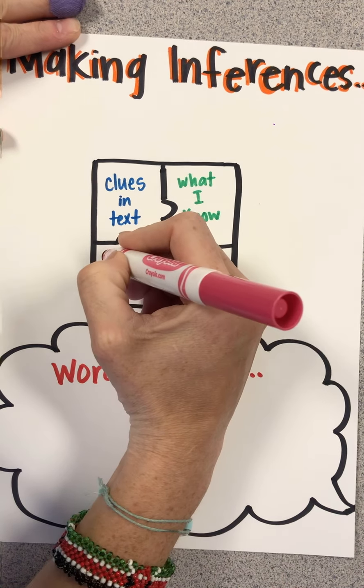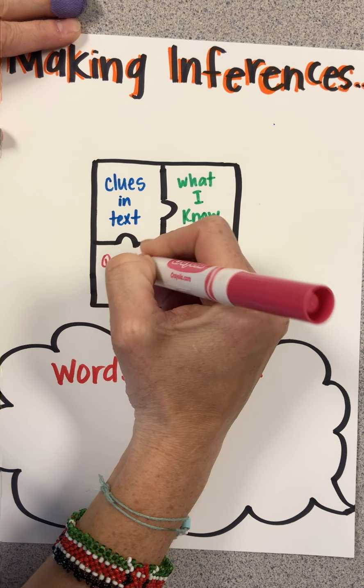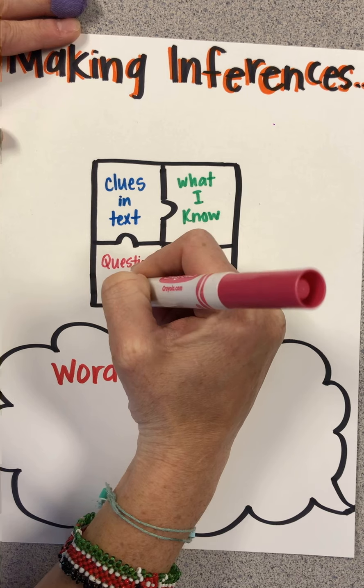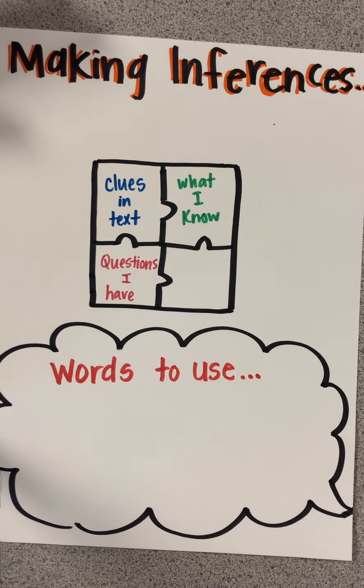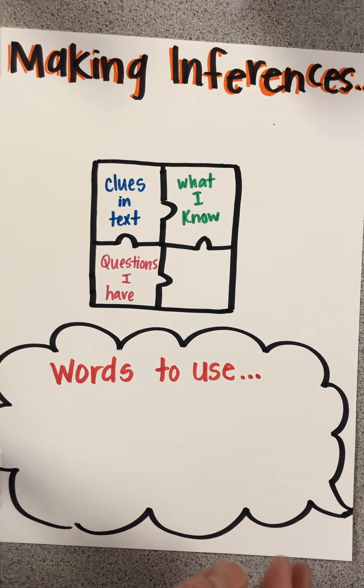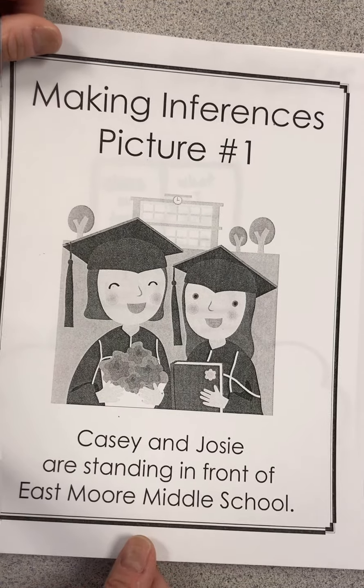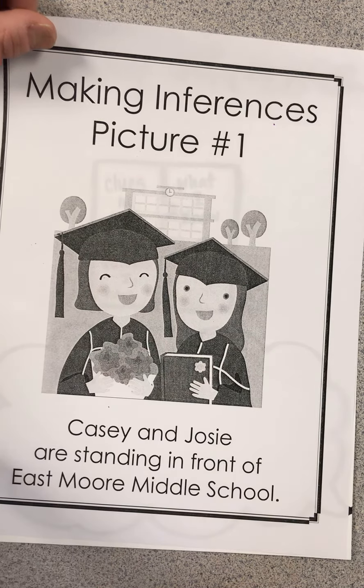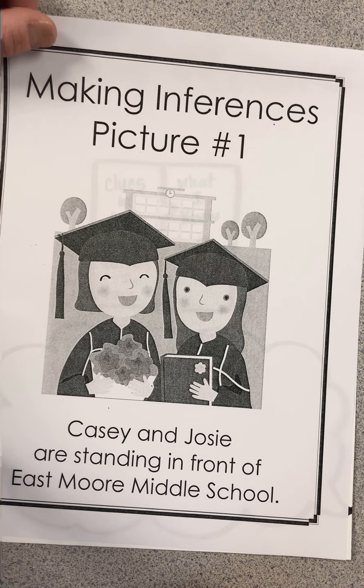Okay. Another one is questions I have. Good readers ask questions all the time. And that helps you to know. So I might ask a question: I wonder what they're doing here. I wonder why they have graduation hats on.